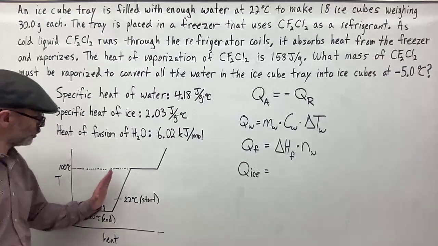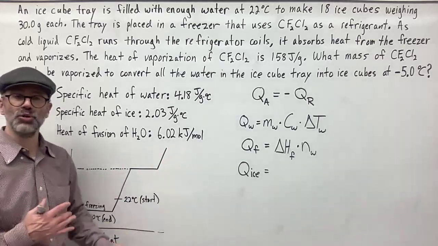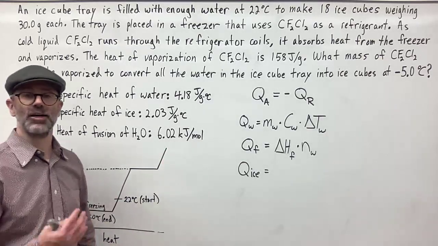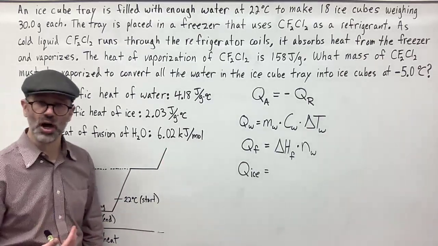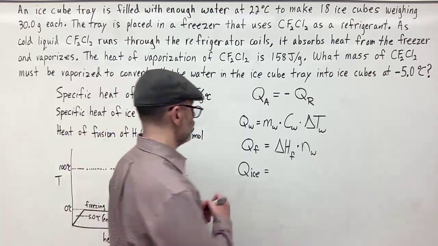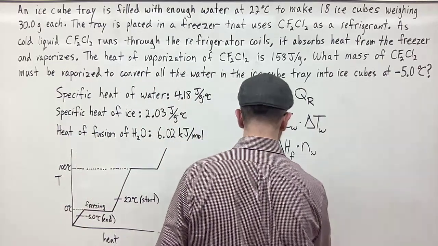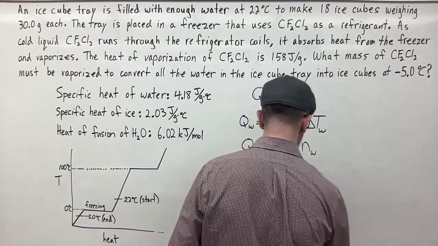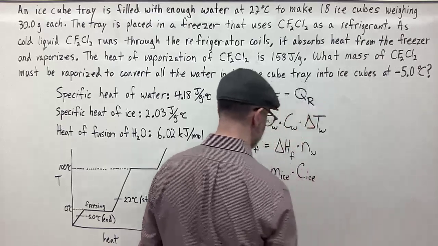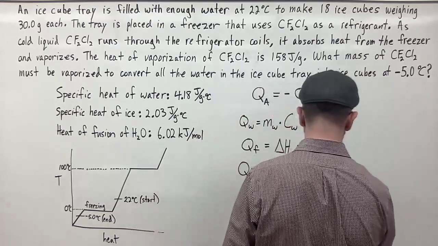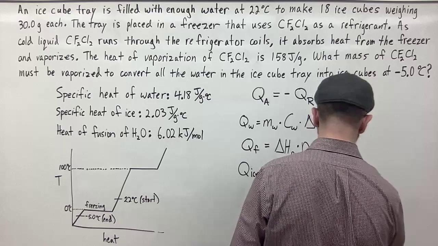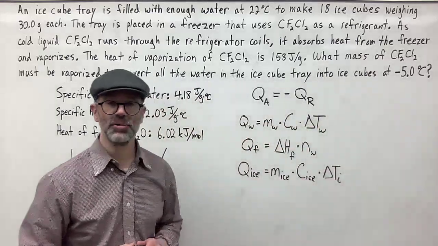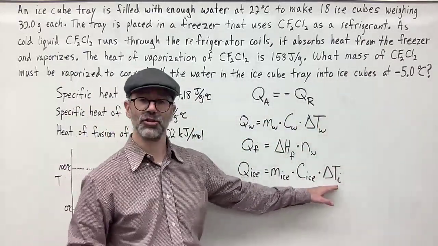Anytime you have a temperature change, you would use Q equals mcΔT to find the amount of heat that is absorbed or lost in the process. So here we're going to have the mass of ice multiplied by the specific heat of ice multiplied by the temperature change of ice. And again, the temperature change is final minus initial temperature.